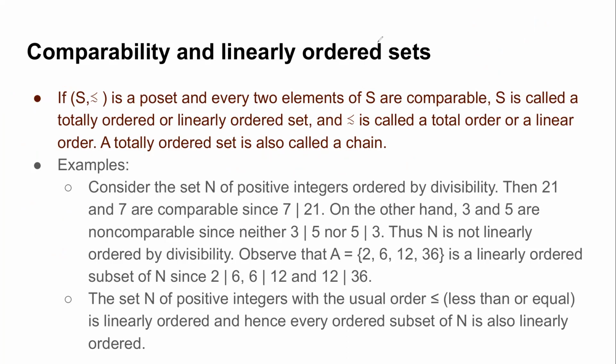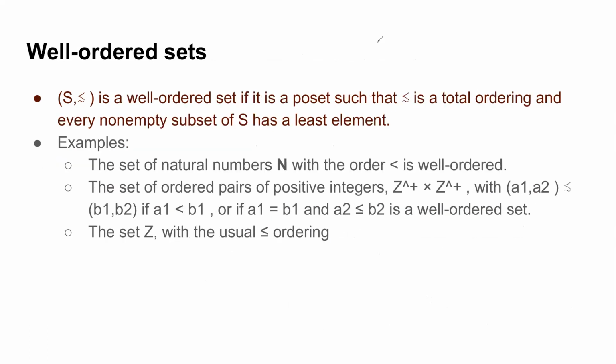So what we saw so far was equivalence relation, then partial order, then pre-order, and then linear or total order. The last order left is something called a well-ordered set. Again, it builds upon total ordering.